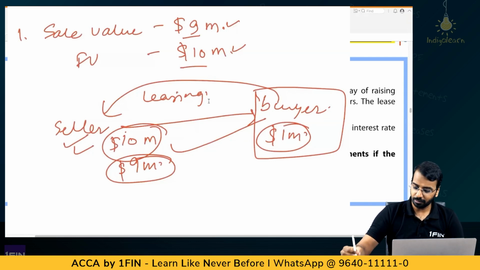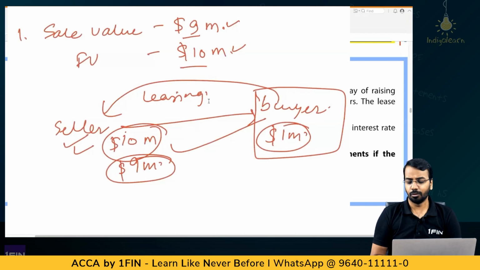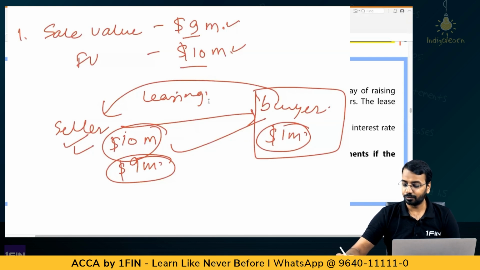That is very clear. Now, why will I sell something worth 10 million at 9 million? There is a seller and there is a buyer. The seller is selling something worth 10 million at 9 million.